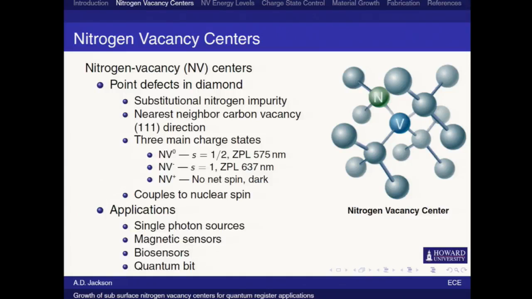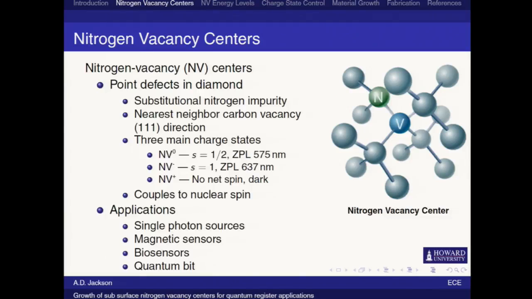A neutral nitrogen vacancy has 5 electrons, a net spin of 1/2, and a zero phonon line at 575 nanometers. If that vacancy acquires an electron, it transitions to a negative charge state, which has a net spin of 1 and a zero phonon line at 637 nanometers.